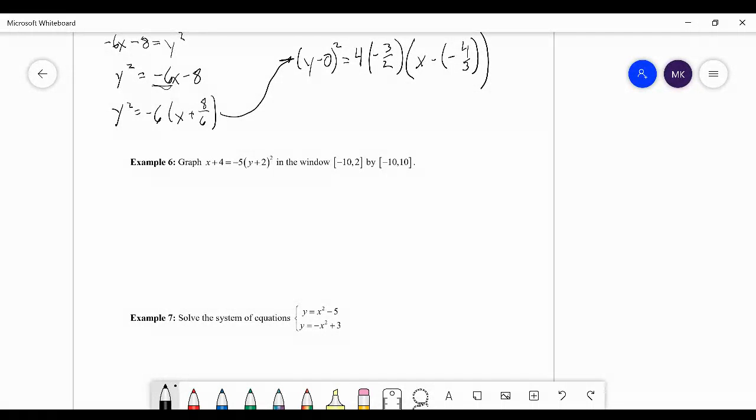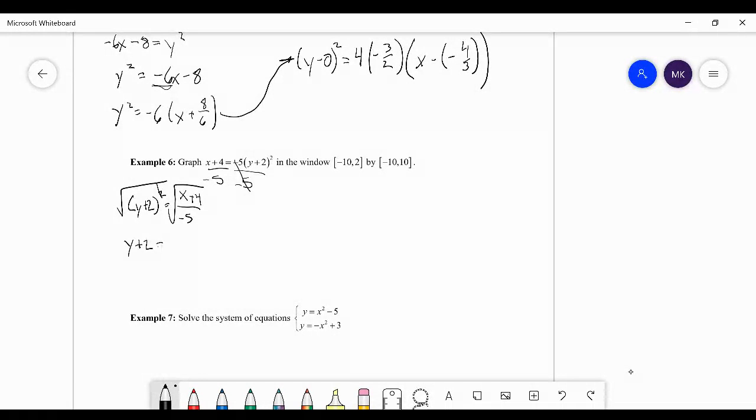What we need to do here is solve this for y. The first thing I'm going to do is divide by negative 5 on both sides. And so I get quantity y plus 2 squared equals x plus 4 over negative 5. We just square root both sides.